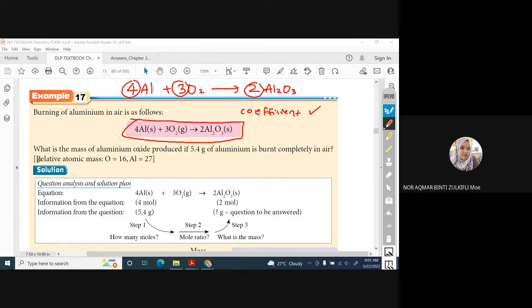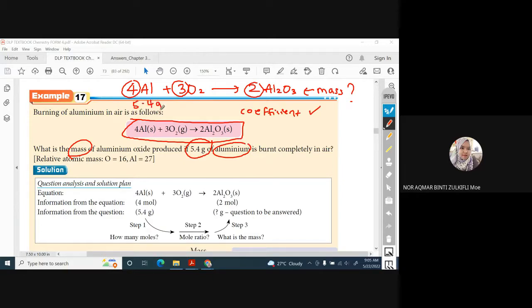Okay, now the question 1, what is the mass of aluminum oxide produced? Okay, so dia mau mass here. So mass kita tak tahu. Kita nak cari mass. If 5.4 gram of aluminium is burned completely in air. Okay, so aluminium kita tahu.